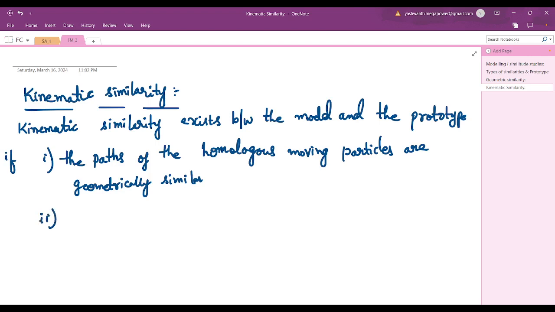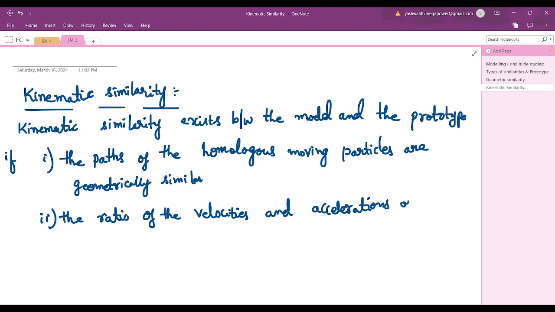Second, the ratios of the velocities and accelerations of the homologous particles are equal.